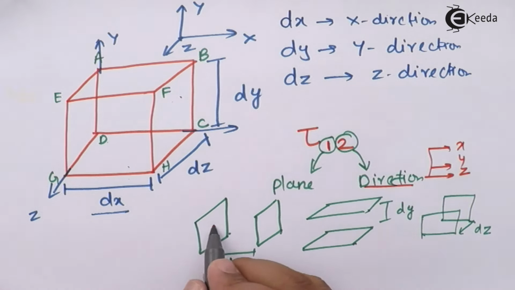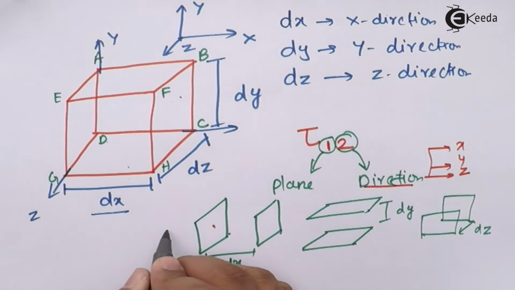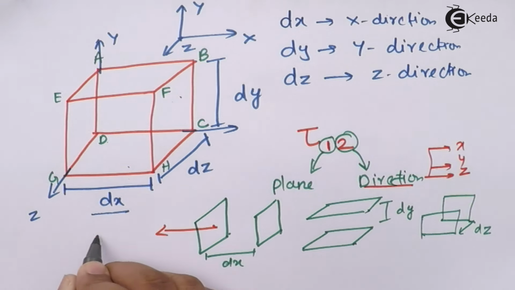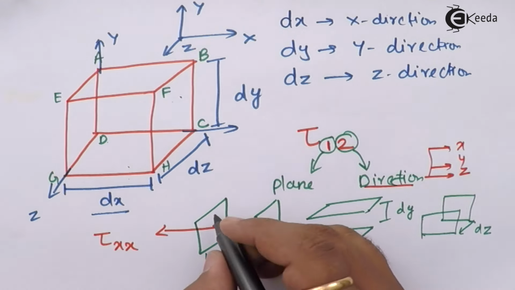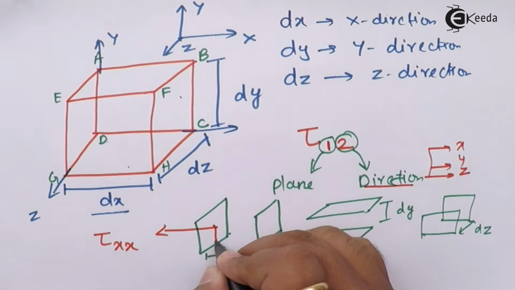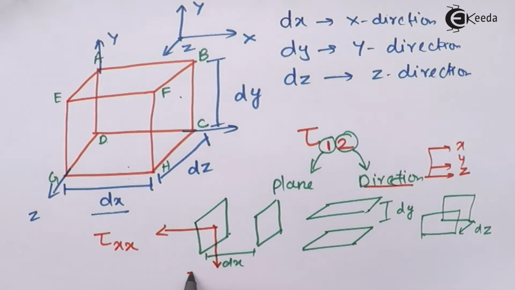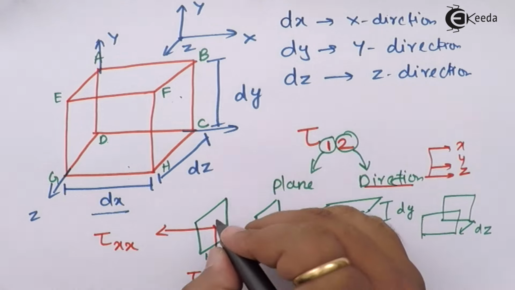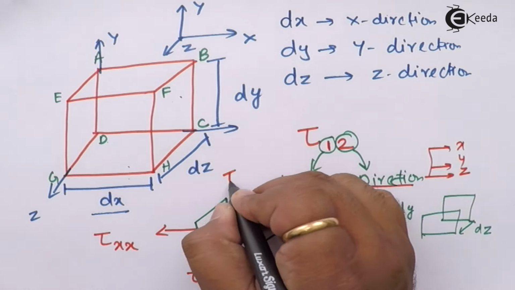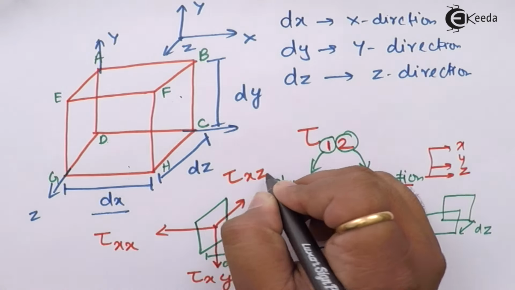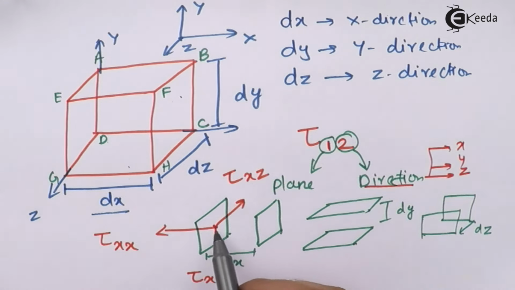So along the x direction, this force will be tau xx, x plane x direction force. Next will be the force along y direction, so this is tau of x plane y direction, and the third force will be tau of x plane z direction. So this is along z direction, this is along y direction, and this is along x direction.